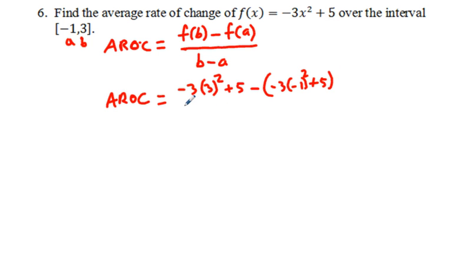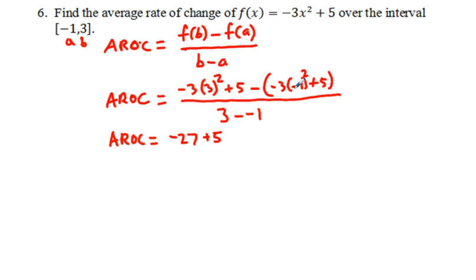So that's f of b minus f of a over b minus a, and b is 3, and minus -1. And so simplifying out, we will have, see, 3 squared times -3 is going to be -27 plus 5.